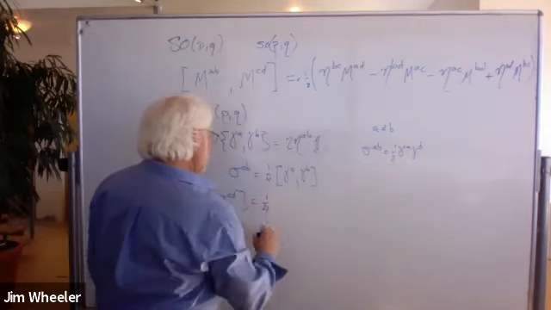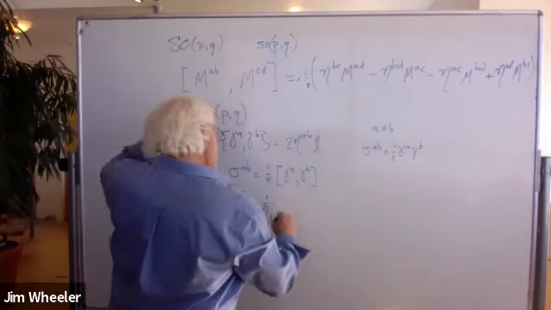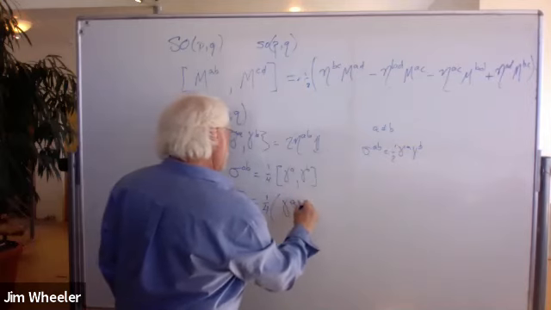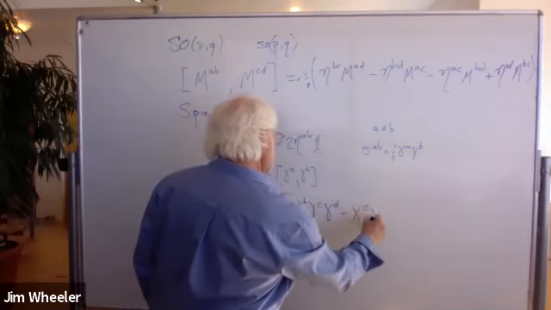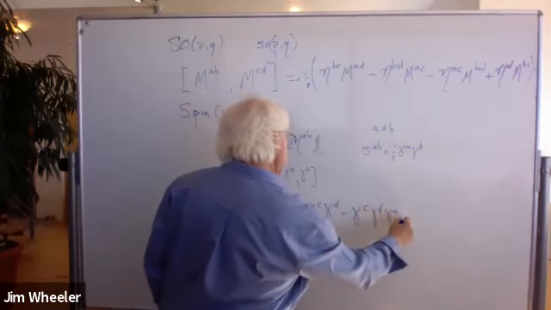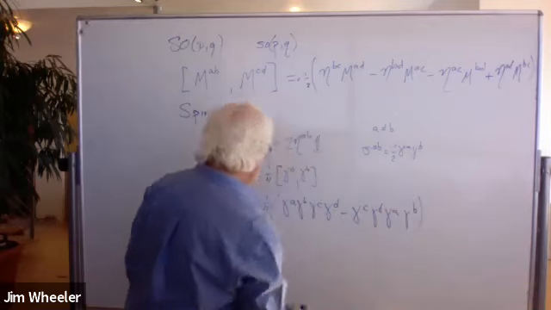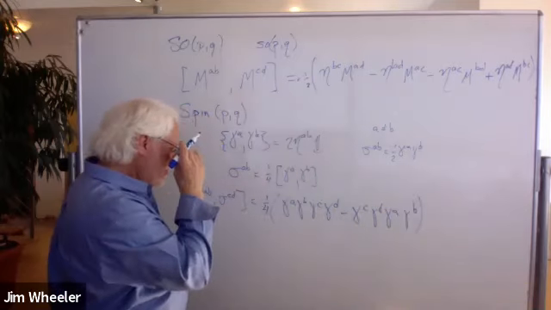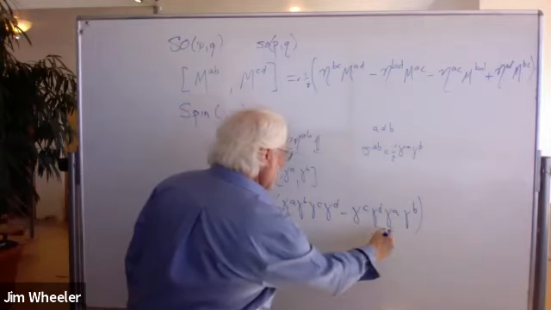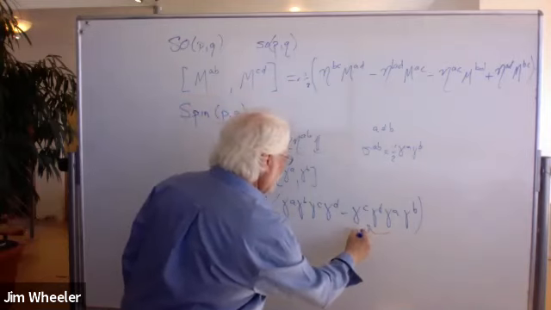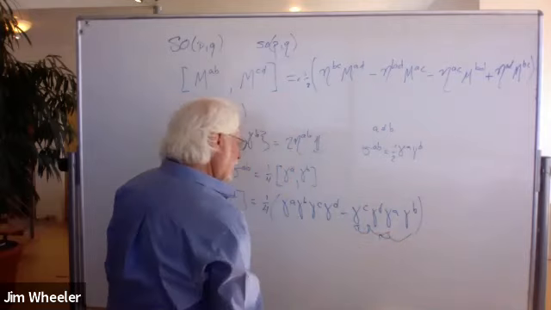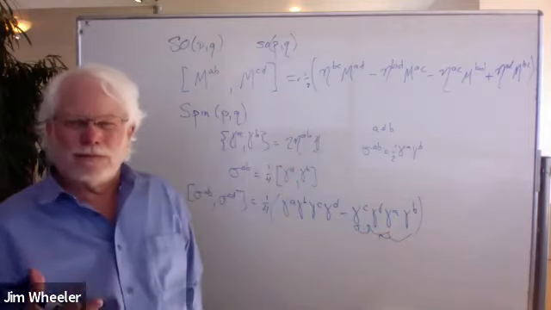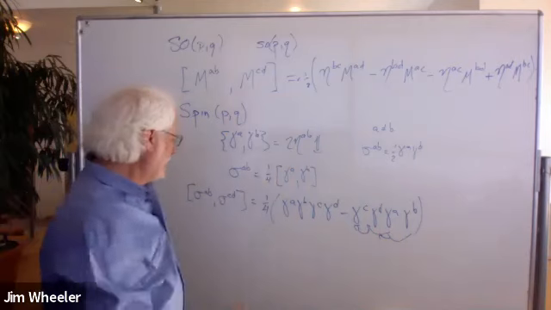So when I do this commutator, I have gamma A, gamma B, gamma C, gamma D, minus gamma C, gamma D, gamma A, gamma B. And so here's what you do. One at a time, you move A to the front, then you move B to the front, using the fundamental anti-commutator.